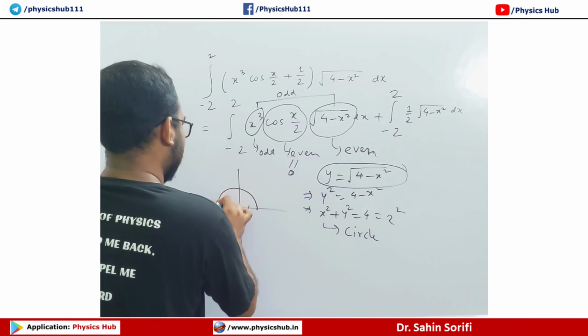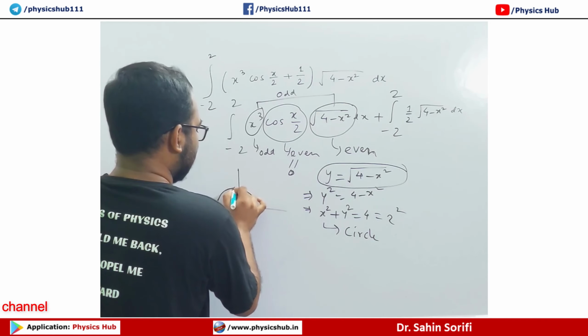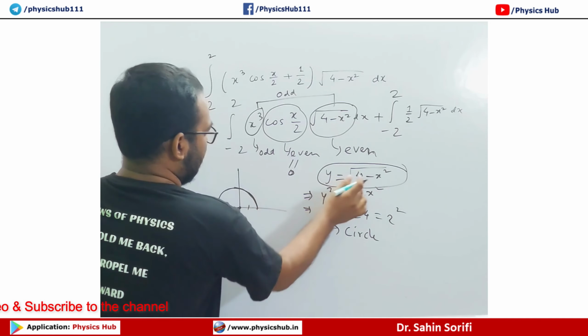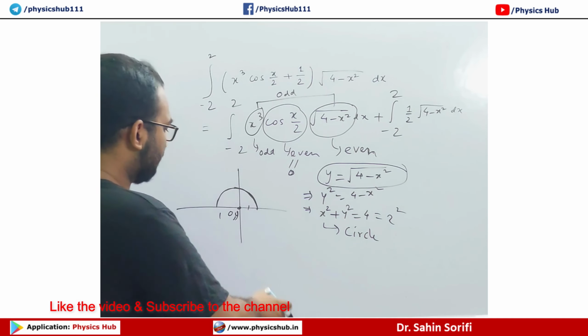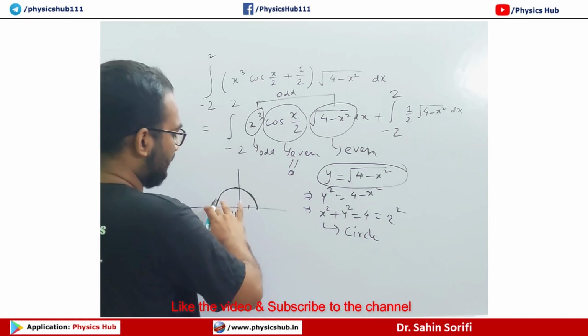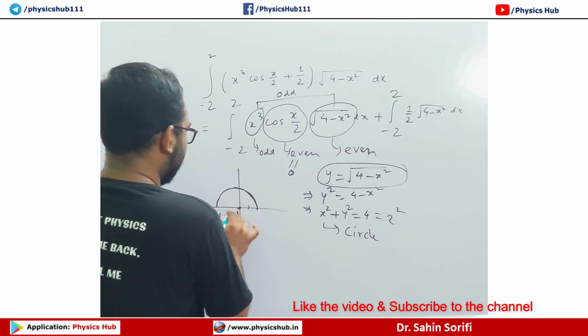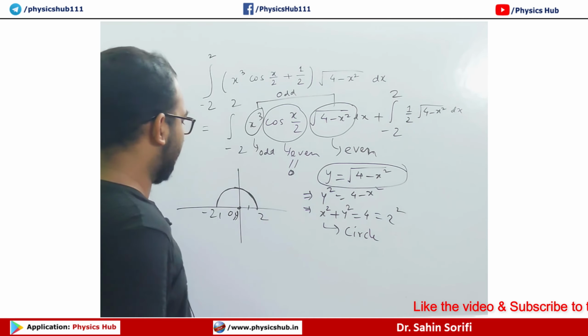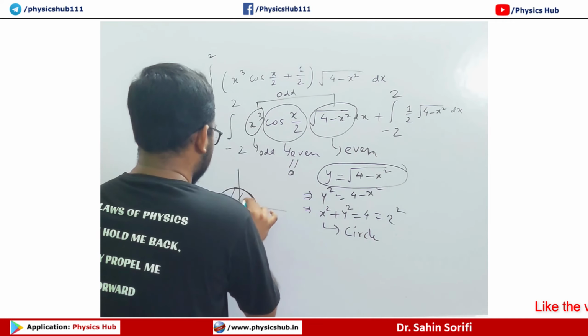So you can draw the circle like this, but as it is plus √4 minus x square, this will be the upper side, the semicircle. So this is -2, and this is +2. Now this is the area.